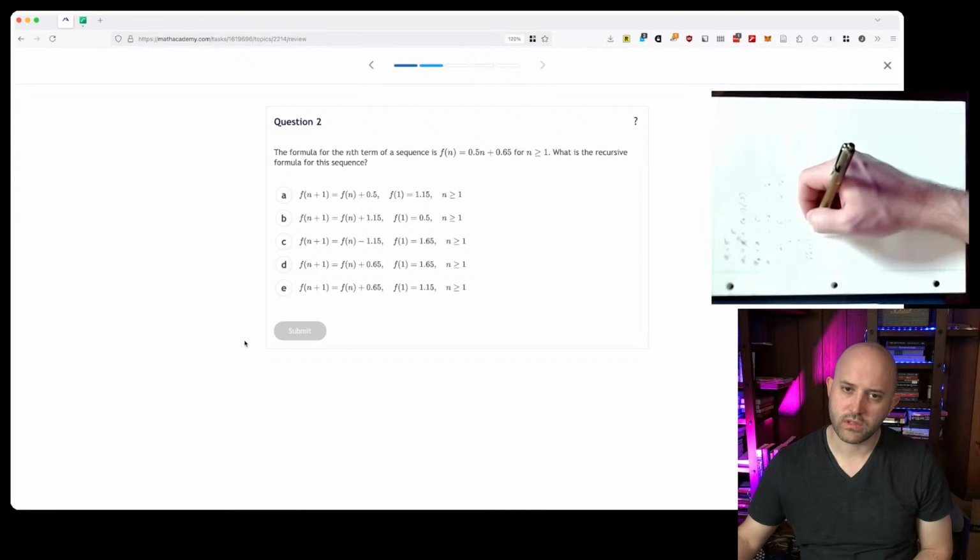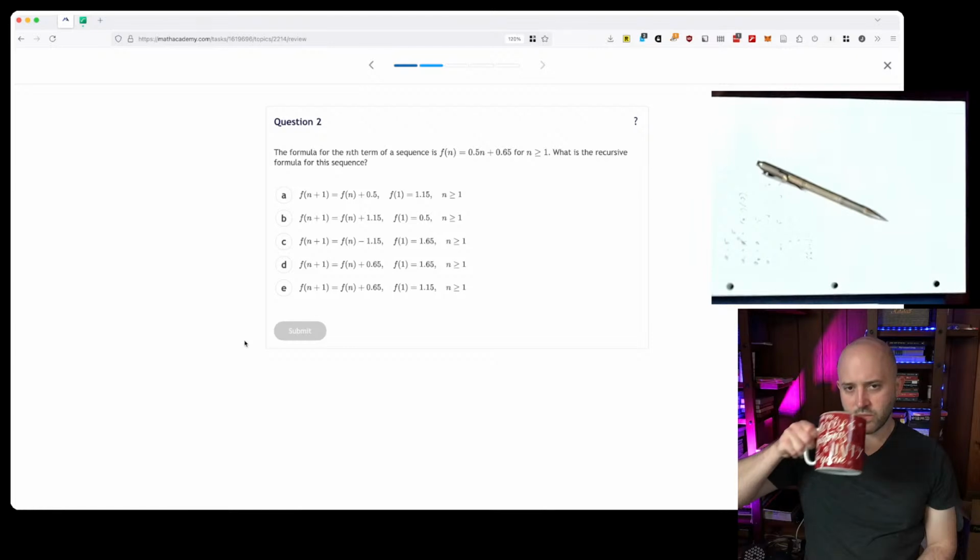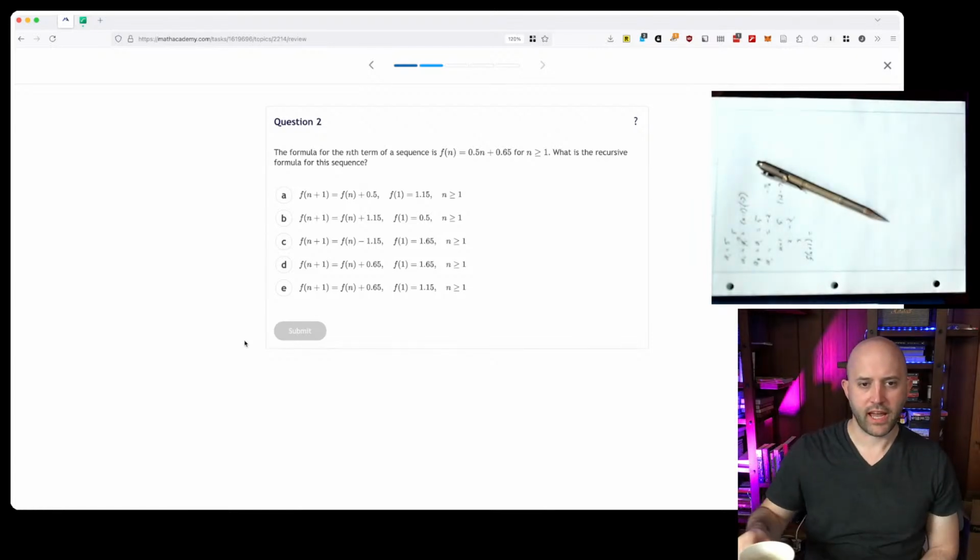Okay, so the 0.65 is just a constant. Okay, so let's think. You always add half of the previous one.